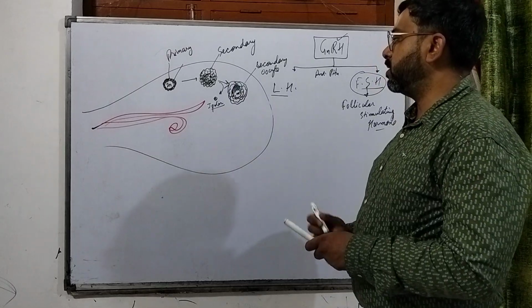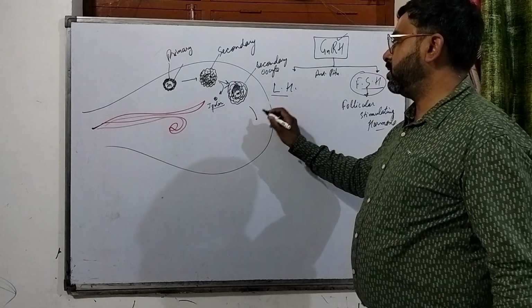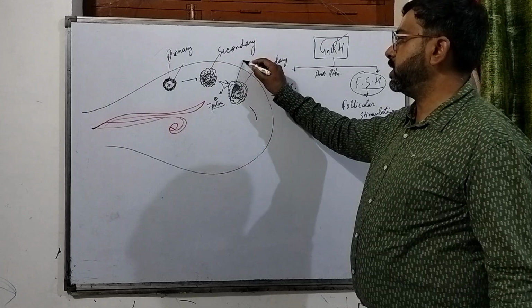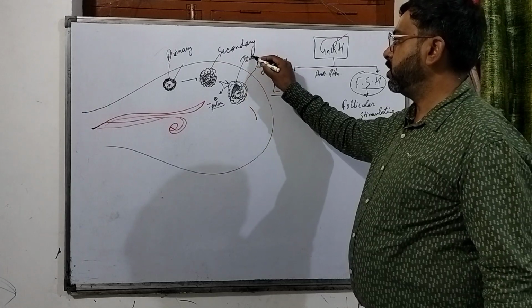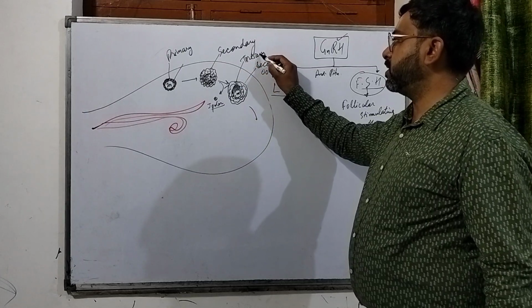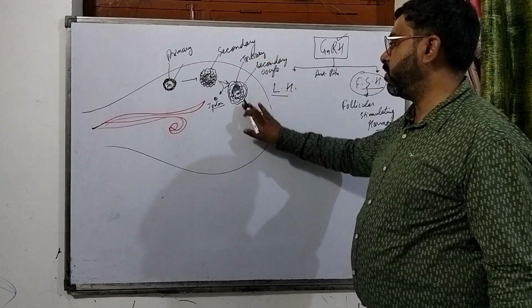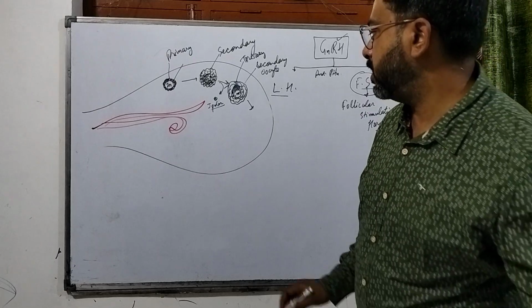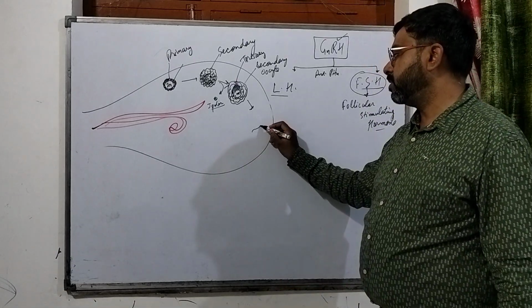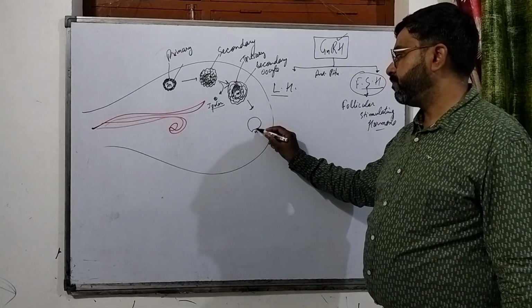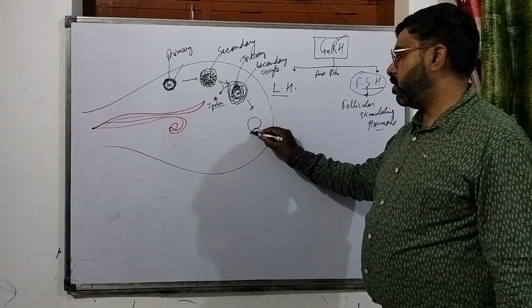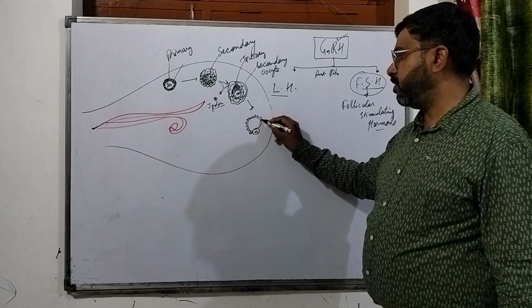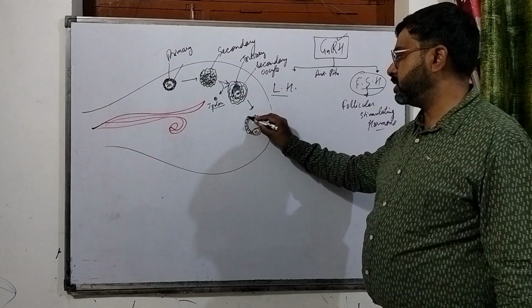Now this antrum will grow in size, and this tertiary follicular stage will get converted into the Graafian follicle, the matured follicle. So the Graafian follicle is having an antrum. We can draw it like this. All around it is surrounded by follicular cells like this.